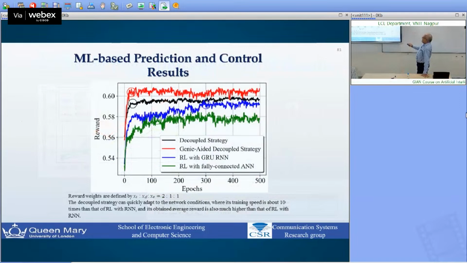Here, this one is ideal, meaning the load is ideally predicted. The ideal one is the top one. This is the one where we decouple and predict the load using the LSTM and dynamically change the parameters using reinforcement learning. The other two have no predictor, just reinforcement learning using a neural network or a gated recurrent unit recurrent neural network. Those other schemes failed.